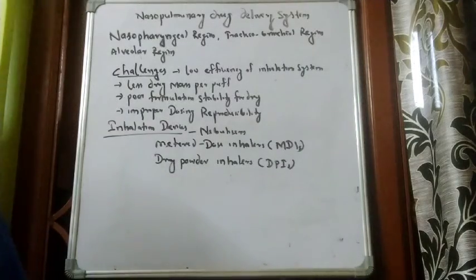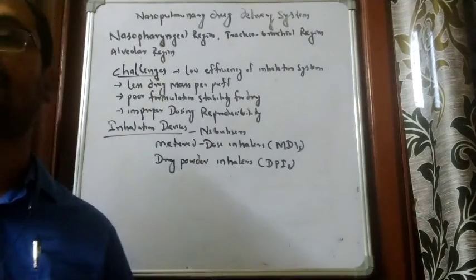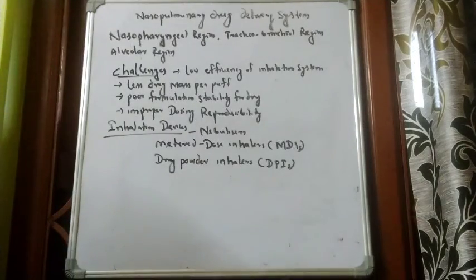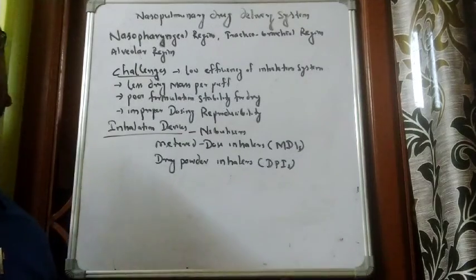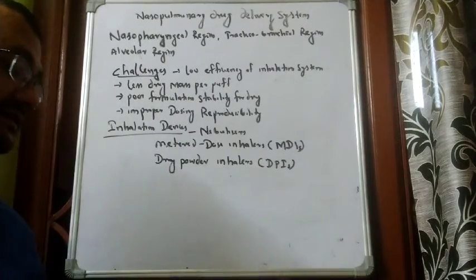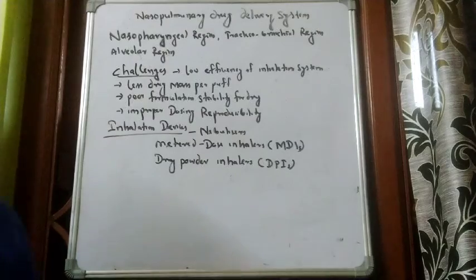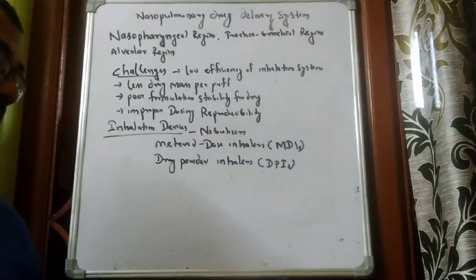Coming to the different advantages of the pulmonary drug delivery system. First, it provides a non-invasive method for delivering the drug, and it is efficient for drug targeting to the lungs. That means if there is any type of lung disease or respiratory disease, the drug can be targeted to that place by this type of delivery system.